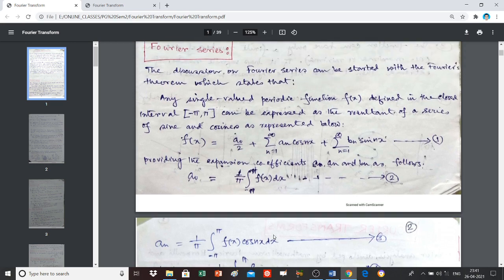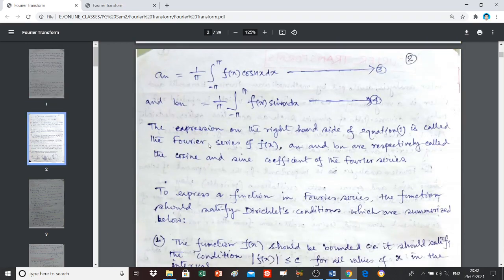Remember that the right hand side, f(x) equal to this plus this plus this, is the Fourier series expansion of the function f(x). As I already stated, the coefficients an and bn are respectively called the cosine and sine coefficients.